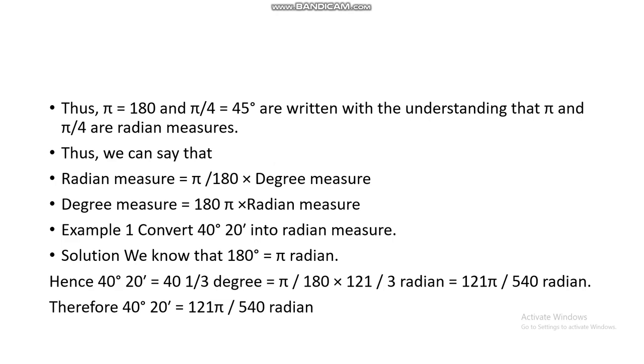Radian measure is equal to pi by 180 times the degree measure. So to convert degrees into radians, we have to multiply by pi by 180. Similarly, to calculate the degree measure, we have to multiply by 180 by pi.